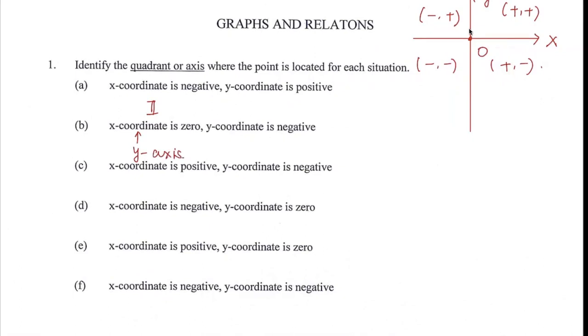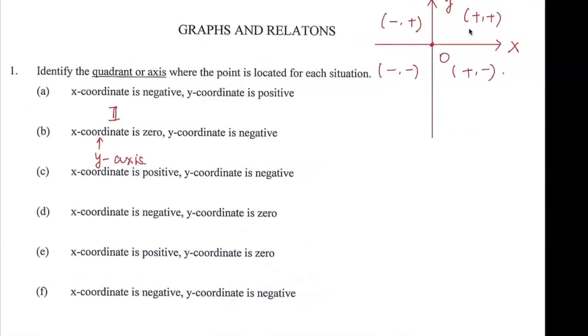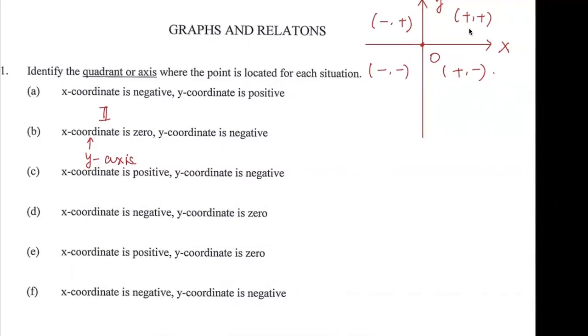Okay, but it has another condition, which is y coordinate is negative. So we're only looking at this part of the y-axis, where the x coordinate is 0 and the y coordinate is negative.